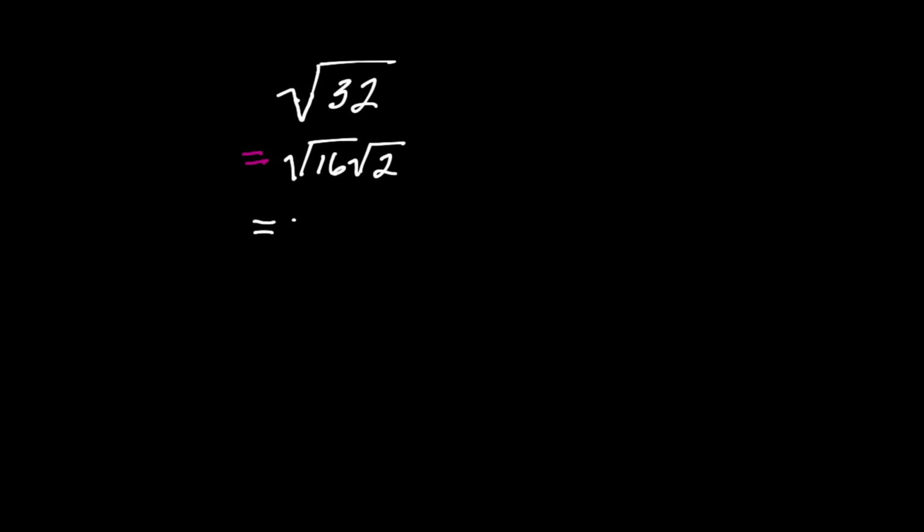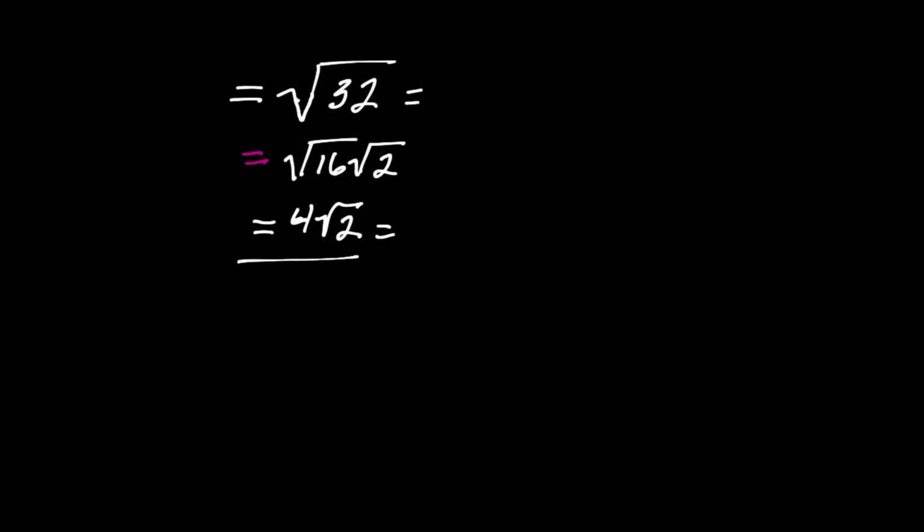So we take that and we say the square root of 16 is 4 times the square root of 2. So square root of 32, when simplified, equals this. And if you type both of these into the calculator, you'll get the same decimal approximation.